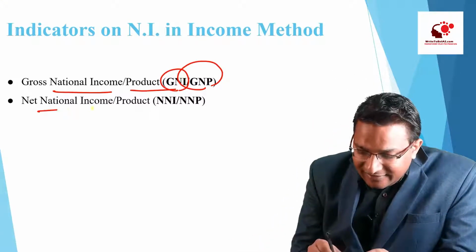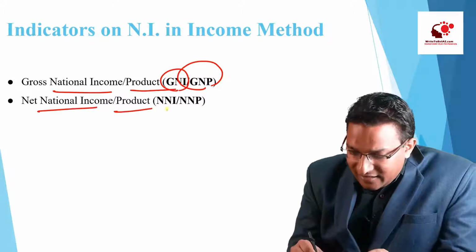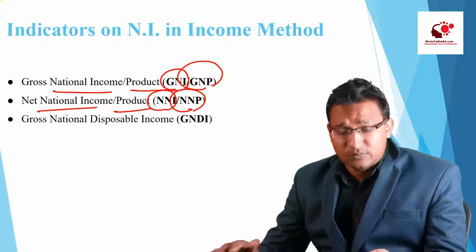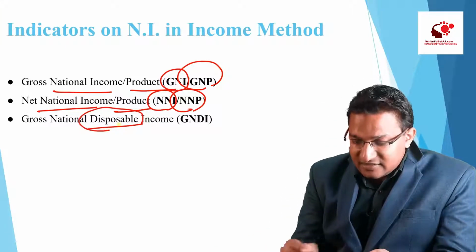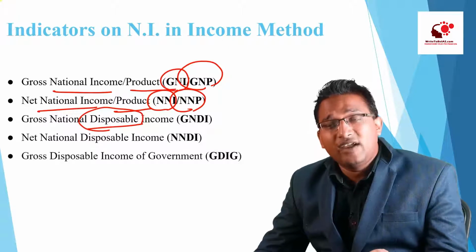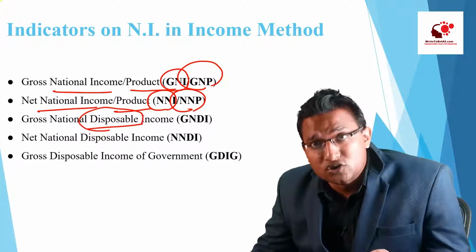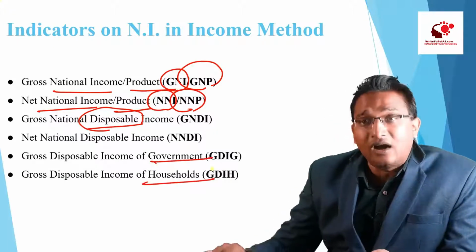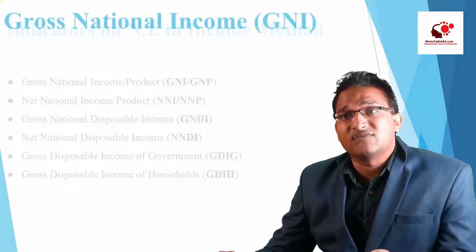Then we have net national income or net national product, NNI or NNP. Then we have gross national disposable income. So here the difference is disposable and net national disposable income. Then we have gross disposable income of government and gross disposable income of the household. Now we will discuss each one of them.